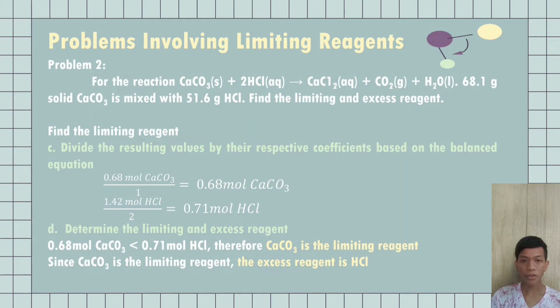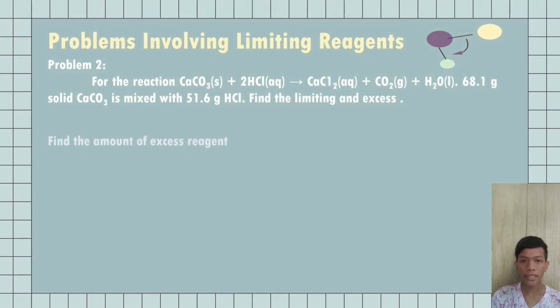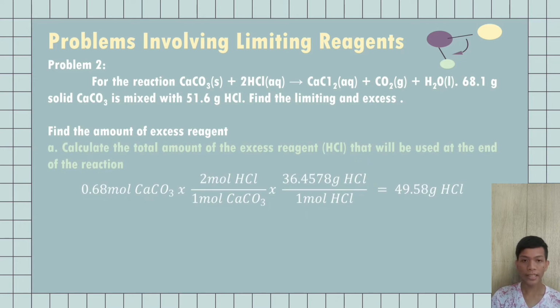After determining which is the limiting reagent, we will now calculate the amount of reagent in excess, which is hydrogen chloride. So first, we will use the limiting reagent. 0.68 moles of calcium carbonate will be multiplied by the molar ratio of hydrogen chloride and calcium carbonate, which is 2:1, where 1 mole of calcium carbonate is in the denominator to cancel.